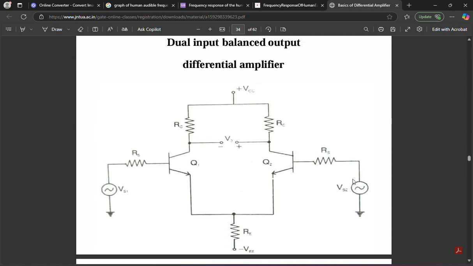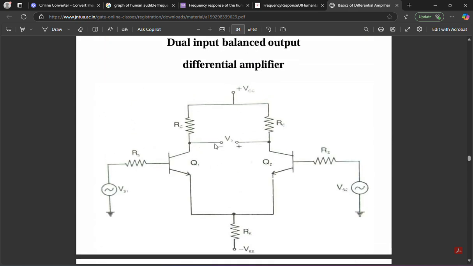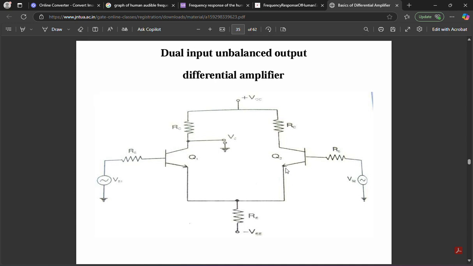Just remember the changes in these circuits. Here the output is taken across these two collectors. Here if you see the unbalanced output, you will have the output taken across any one of the legs of the collector with respect to the ground.